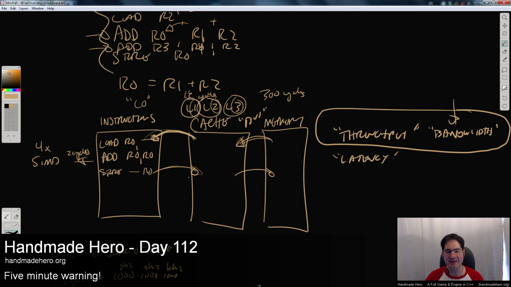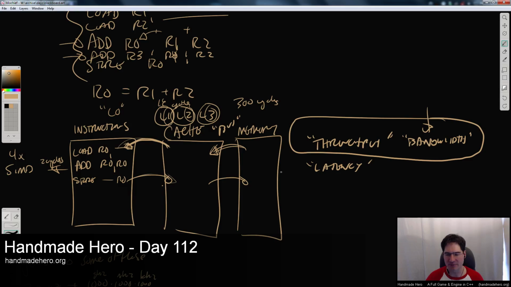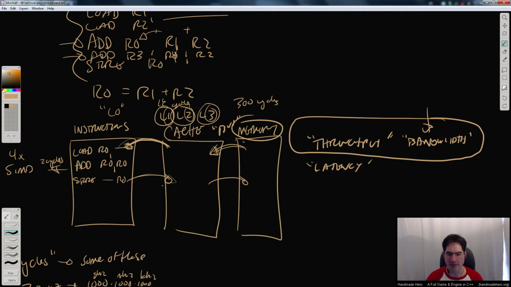And the bandwidth is the total maximum amount of memory that you could move. Typically, you don't care that much about that for cache bandwidth, but sometimes you do. And you almost always care about that bandwidth for your memory, right? Because the maximum bandwidth to and from memory just determines the total number of stuff you could possibly ever operate on. It's the speed with which things can cycle through the processor, and whatever that speed is, that's the maximum you will ever be able to operate on stuff.